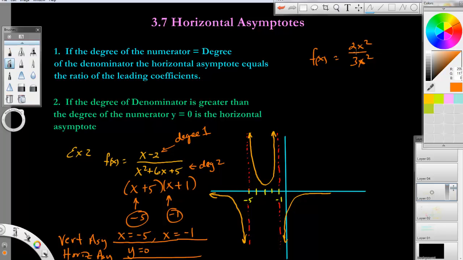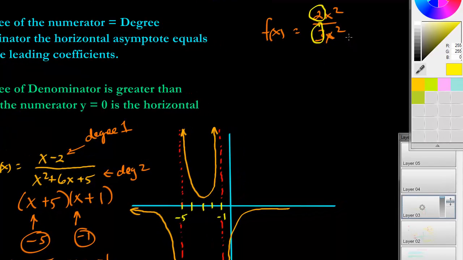The ratio of the leading coefficients is 2 and 3, so the ratio is 2/3. So it would have a horizontal asymptote at 2/3. I'll make another video on that. Talk to you later.